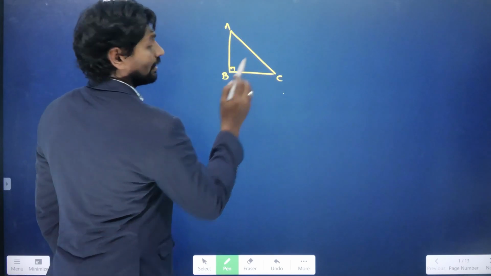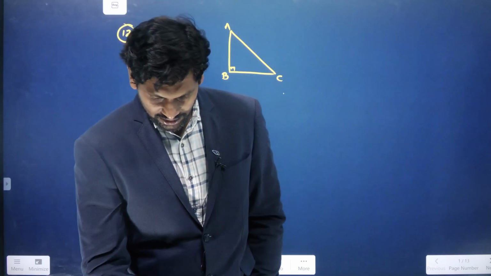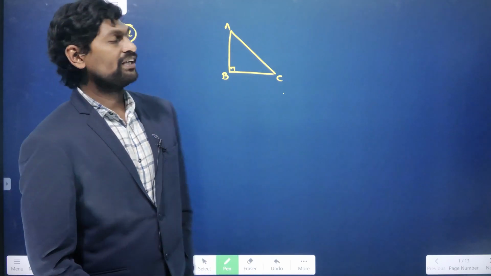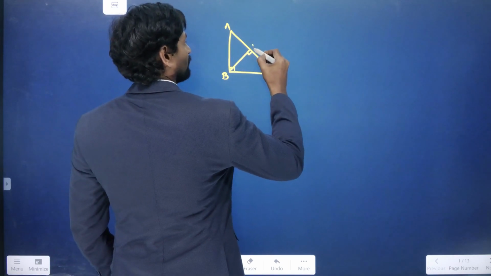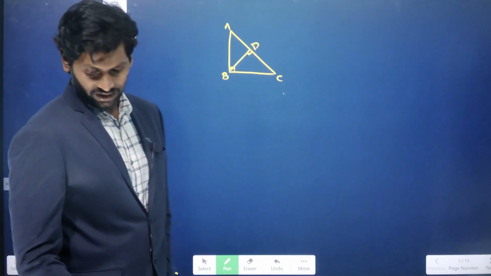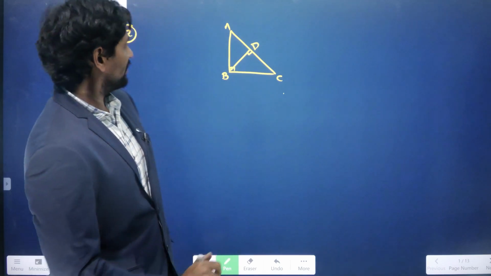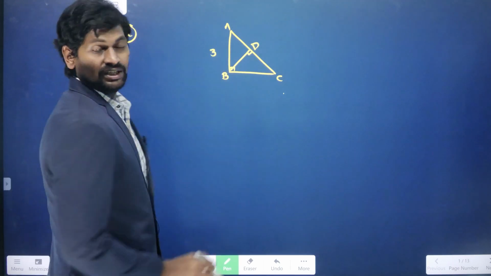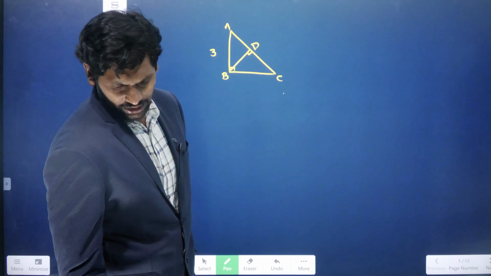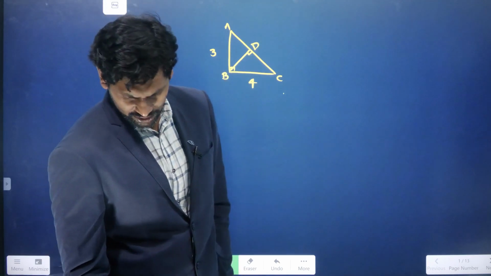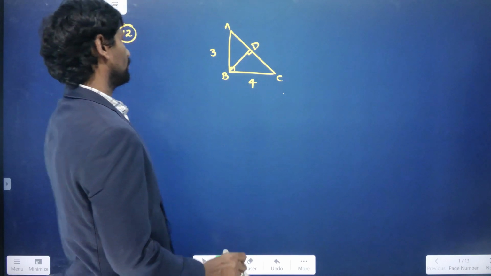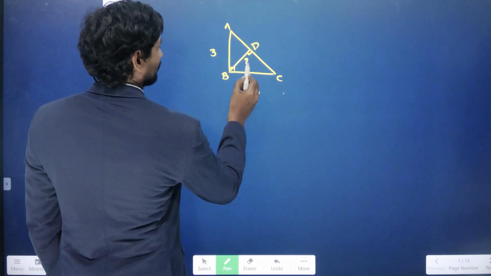Let me take triangle ABC, and BD is perpendicular to AC. BD is an altitude which is perpendicular to AC. If AB is 3 centimeters, BC equals 4 centimeters, then BD equals to? We need to find this value.